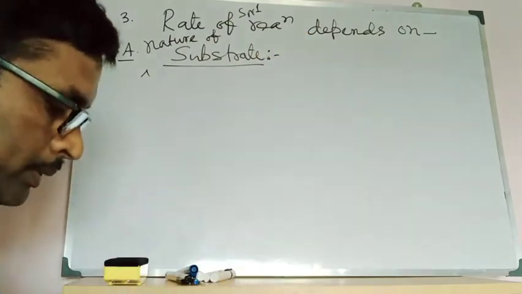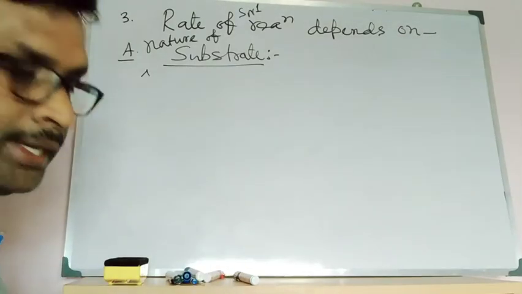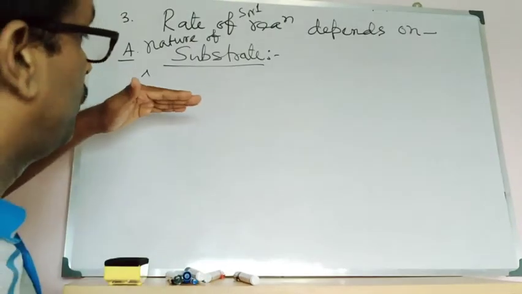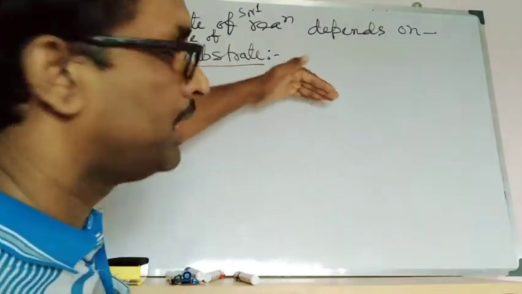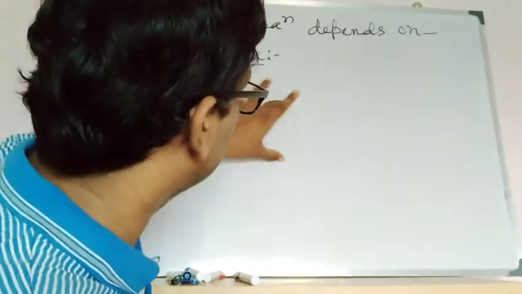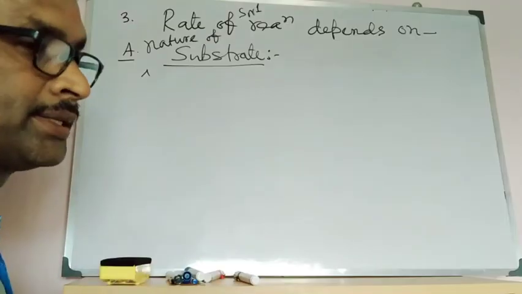So now we will discuss which substrate gives the faster SN1 reaction. It is very simple. You have to look at the first step. The substrate which gives the first step very quickly, at a faster rate, will give the faster reaction.